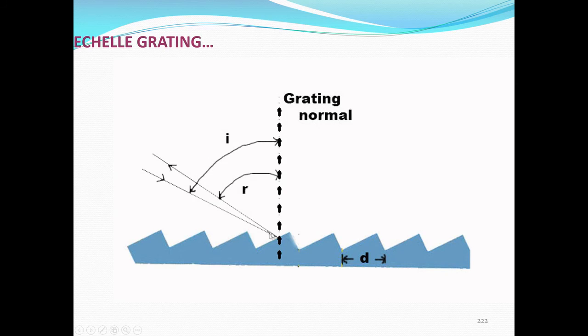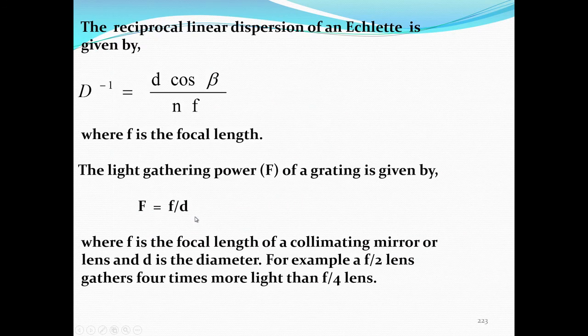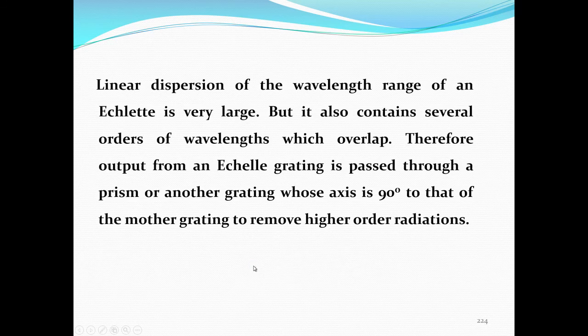So, the reflection losses in this case are very small, because it is not very near. Instead of 1800 grooves like this, we have only 75 or 80 grooves. The reciprocal linear dispersion is given by this formula, and light gathering power is better, where f is the focal length, and the linear dispersion of a slit is very large.